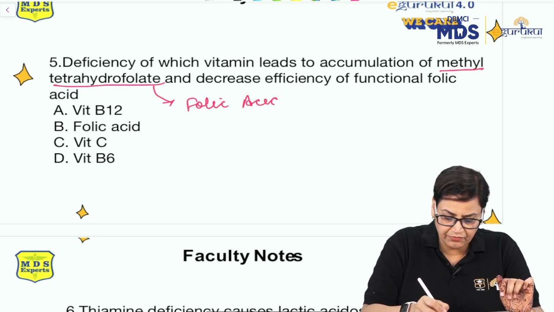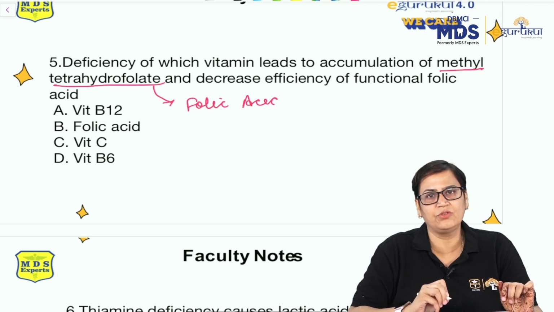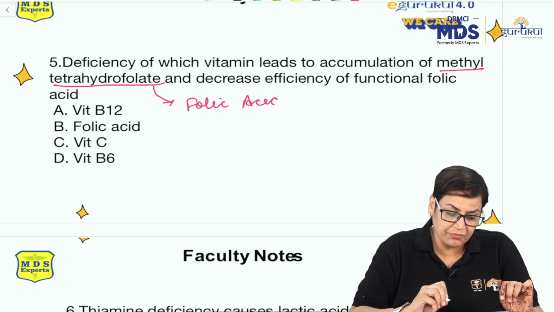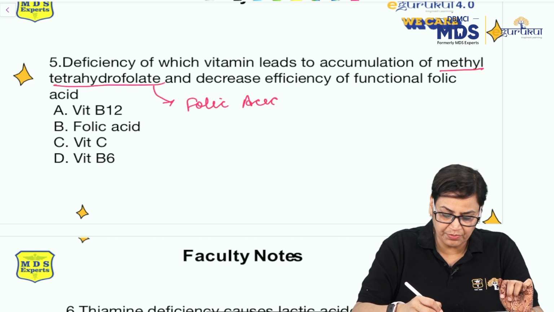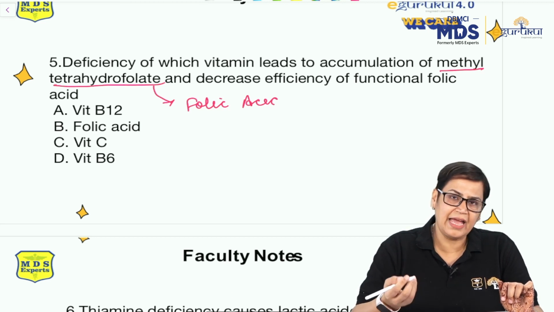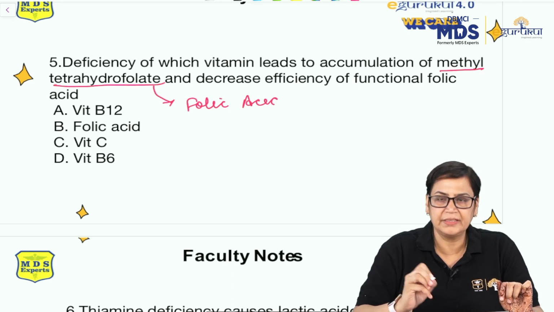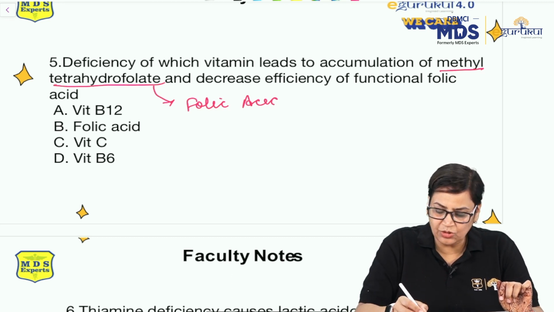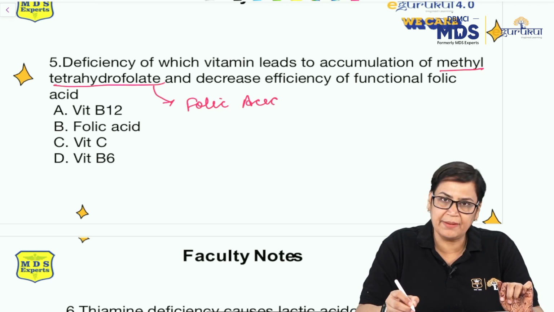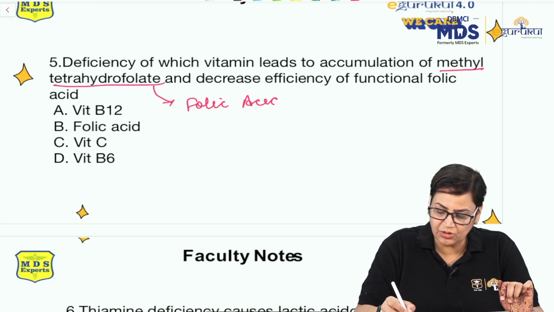This methionine, we know that it is an active donor of methyl group. Before it donates a methyl group, methionine is activated to form S-adenosyl methionine. This S-adenosyl methionine donates its methyl group to the acceptor and itself is converted into S-adenosyl homocysteine.